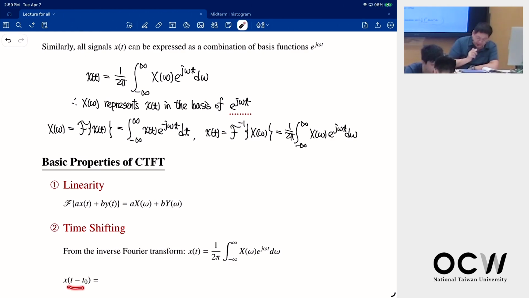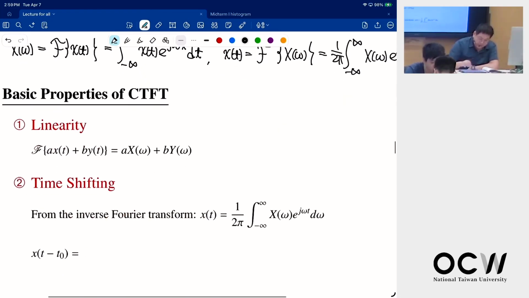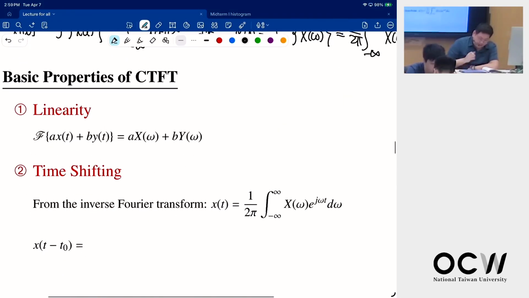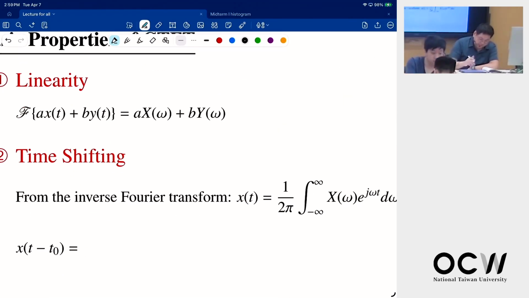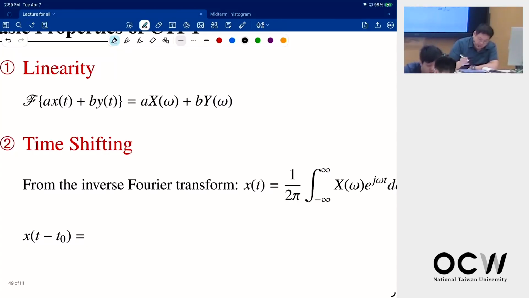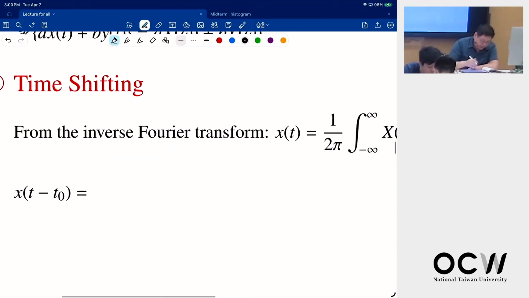Now, if I shift by t naught, what happens in the frequency domain? If I shift by t naught, then here t becomes t minus t naught. We have 1 over 2 pi, and t becomes t minus t naught.